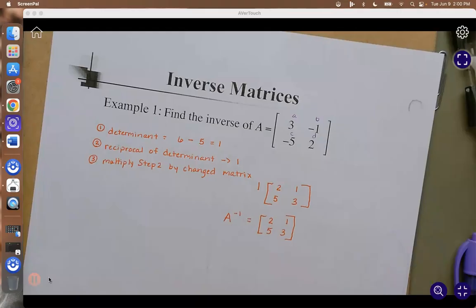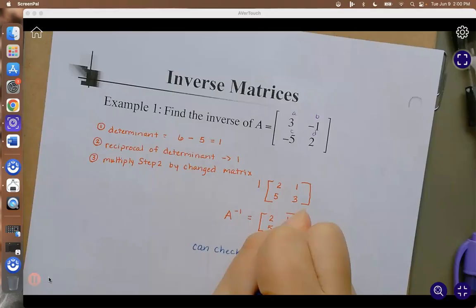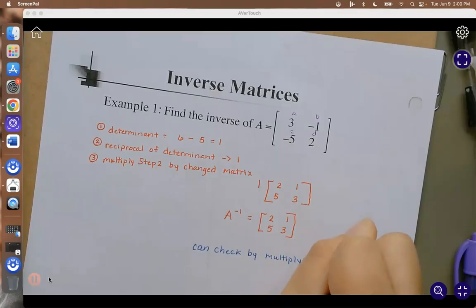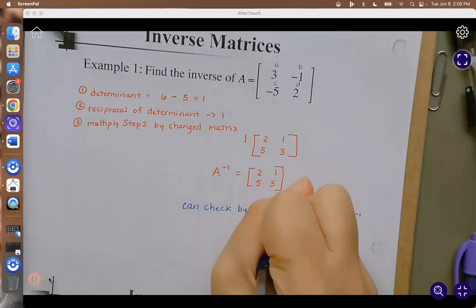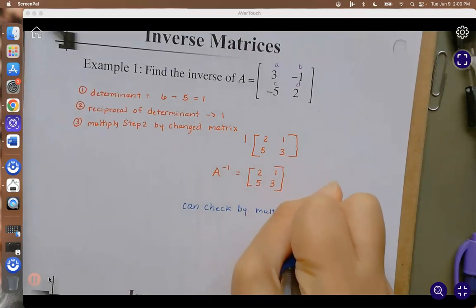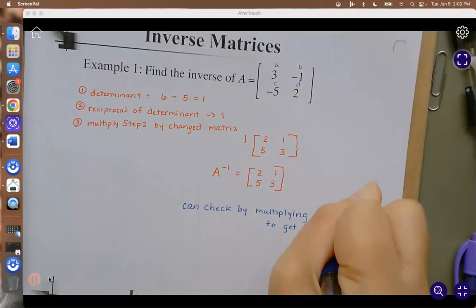So I'm going to put a note here. I'm not going to do the check. Can check by multiplying A and A to the -1, which means the inverse, to get 1, 0, 0, 1.